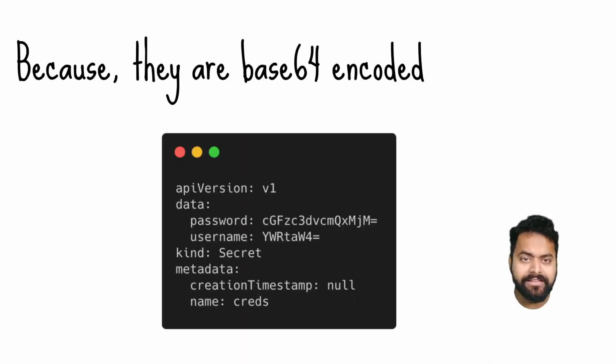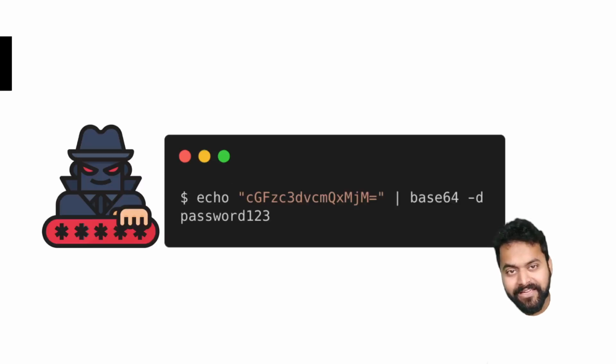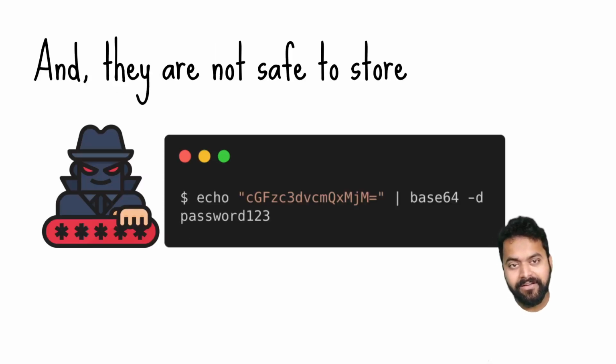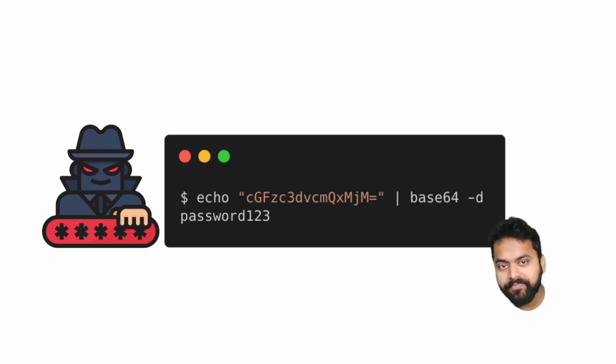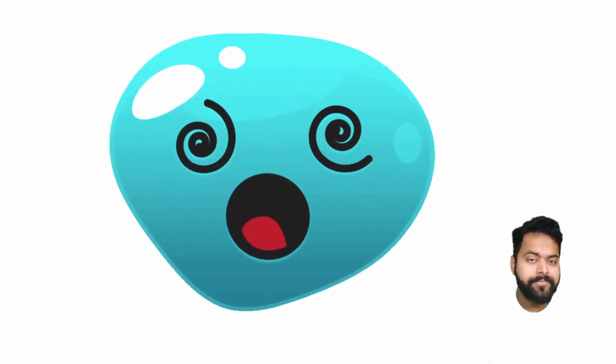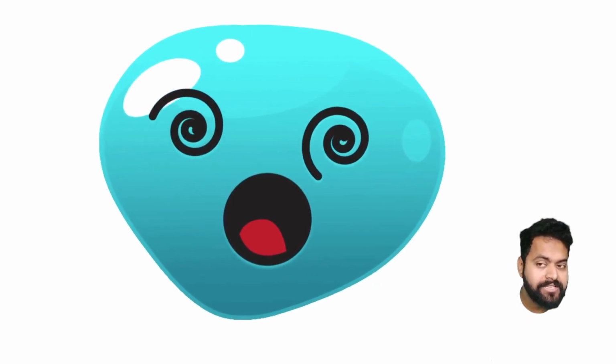Now if you look at the secret here, the thing is, they are base64 encoded, meaning any unethical user who obtains this file can easily decode it and use it for malicious purposes. So it is not safe. So how do we solve this problem?